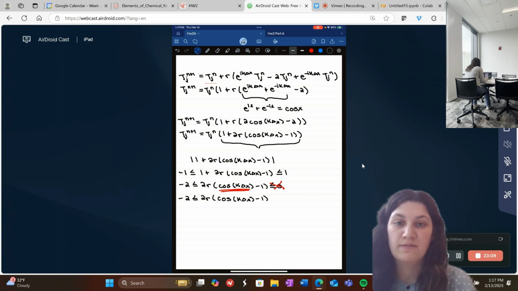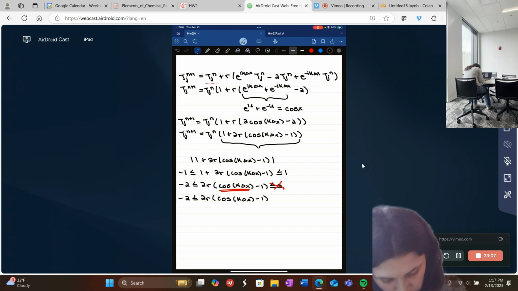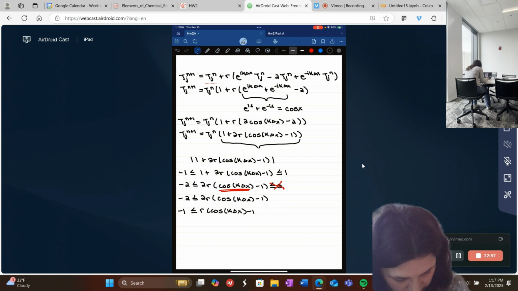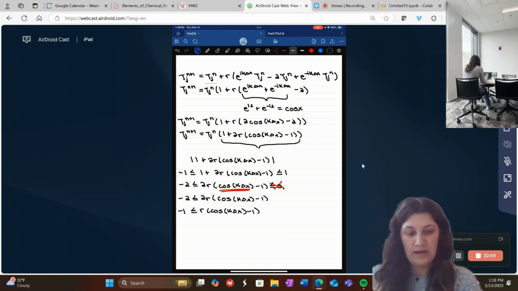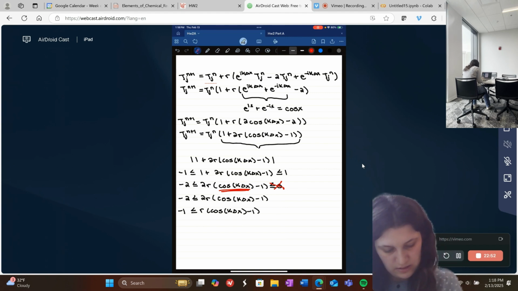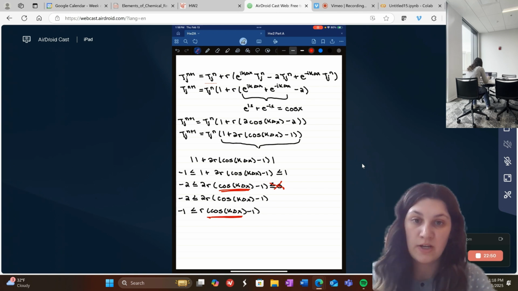And then we can divide both sides by 2, which gives us negative 1 is less than or equal to r times cosine k delta x minus 1. And again, we can look at this cosine term here, but we're going to look at it from the other side now.